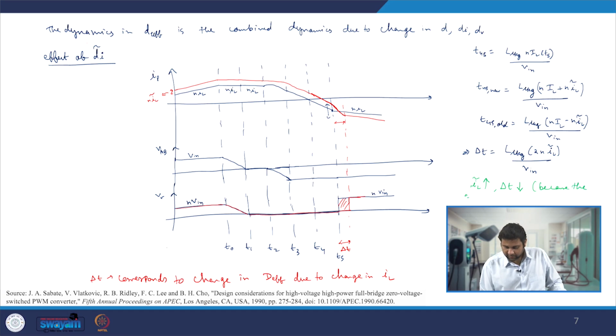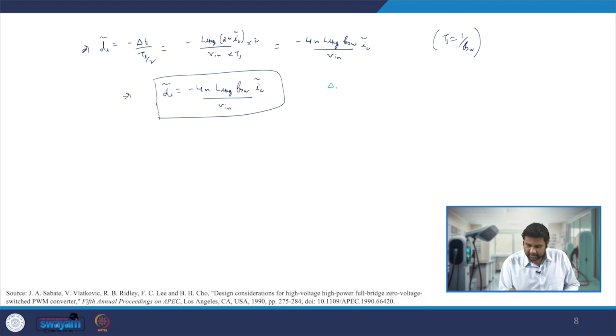because the effect is opposite of cause in this case. Since when IL increases my delta T reduces, that is why the negative sign is used.